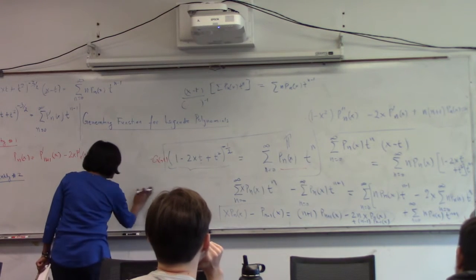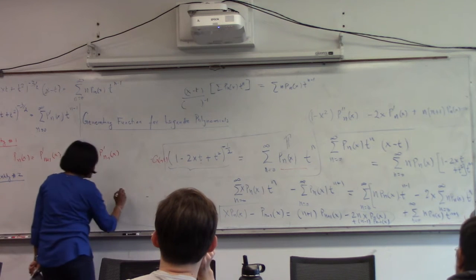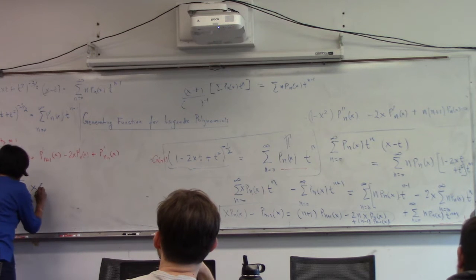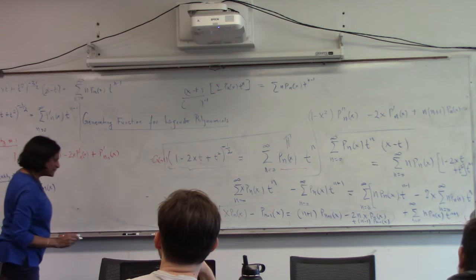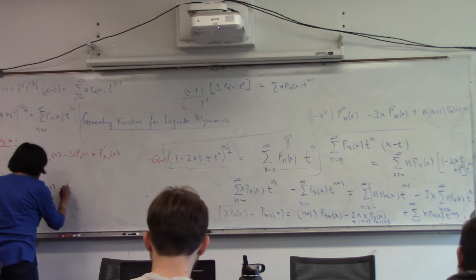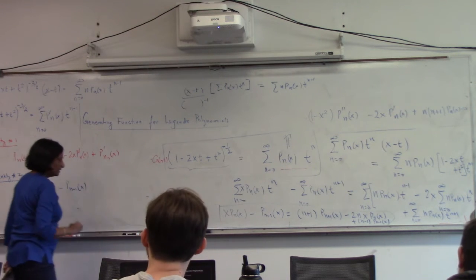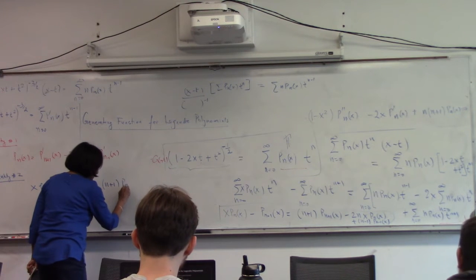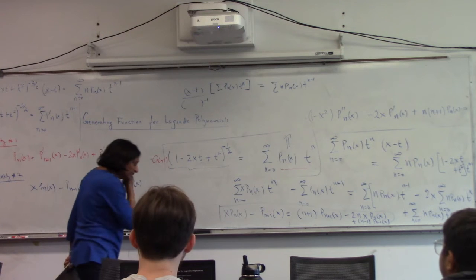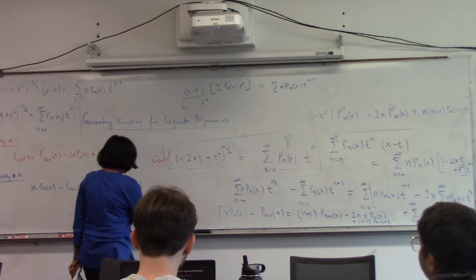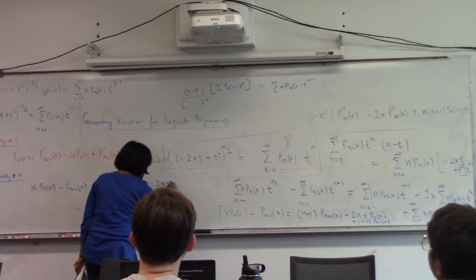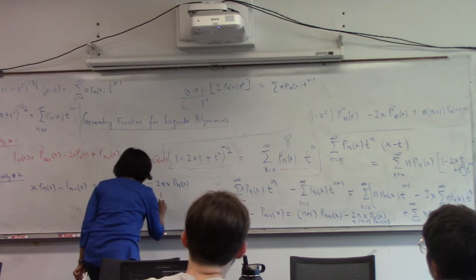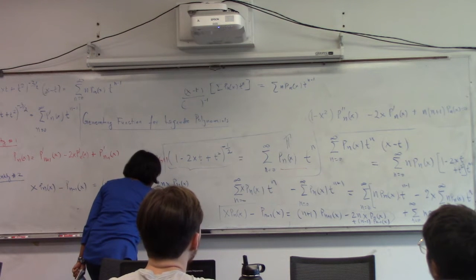So this will lead to, I'm going to write that and then simplify and put the identity. x p sub n of x minus p sub n is nothing but n plus 1 p sub n plus 1 of x minus 2n x p sub n of x, plus n times p sub n minus 1 of x.